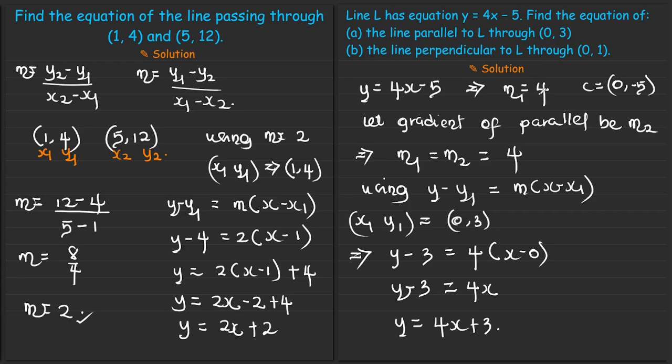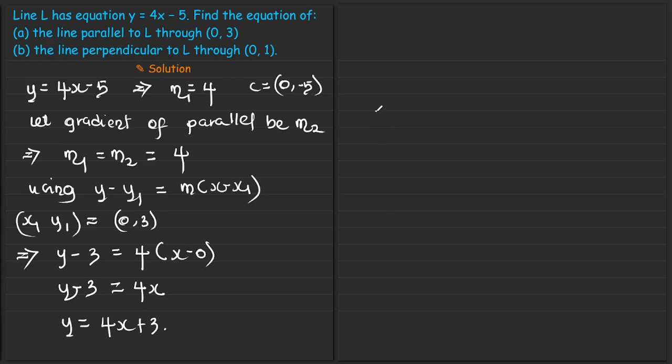The second one says we want the line that is perpendicular to L, but passes through this point. Once again, let's let the gradient of this line here be M1. And let's let the gradient of the perpendicular be M2. We can let it be M3 since we have already used M2 for the parallel.